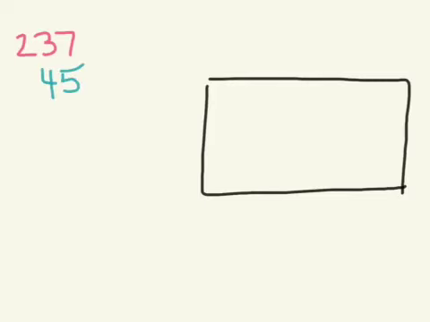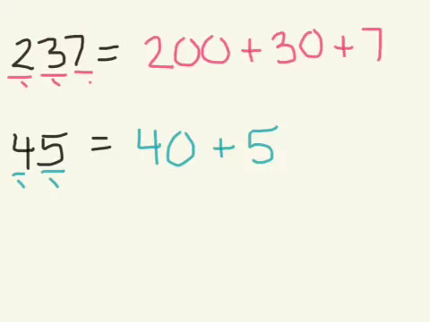Okay. Now, I decide how many boxes I need by the amount of place values in each number. So let's take a step back and look at 237. I have 1, 2, 3 places that I need to use for 237.